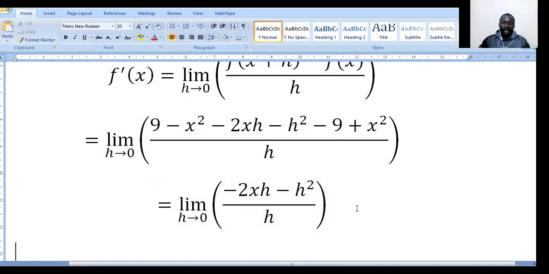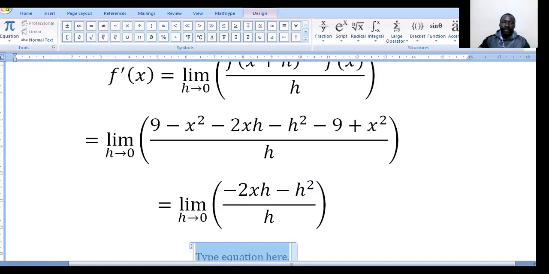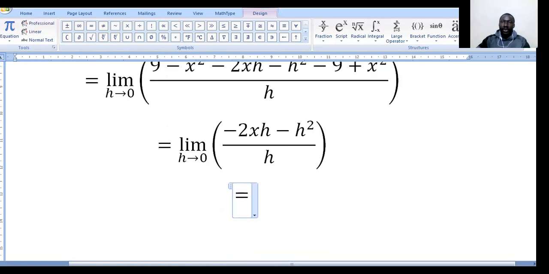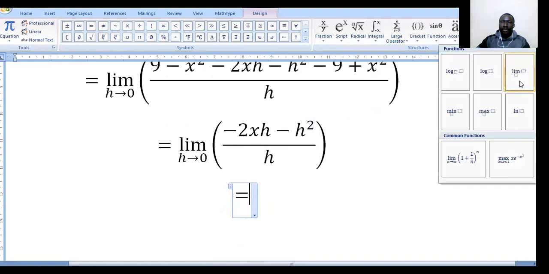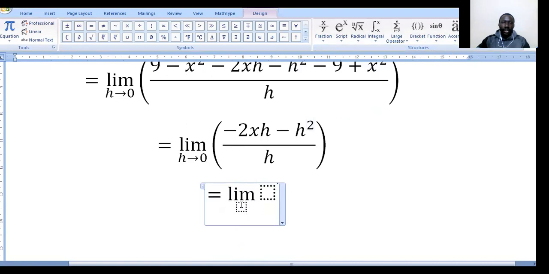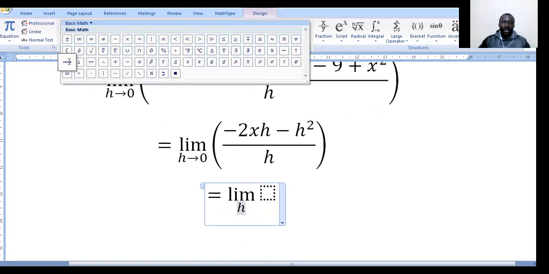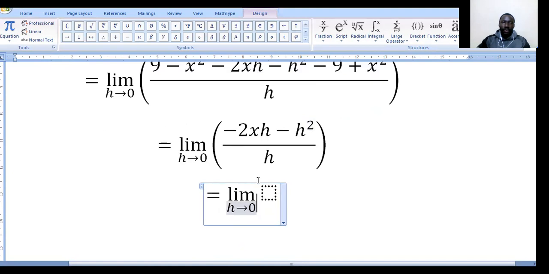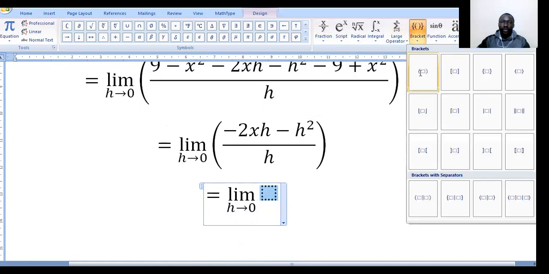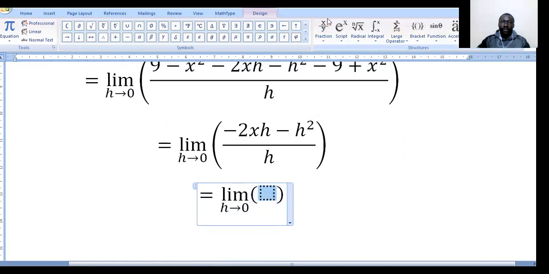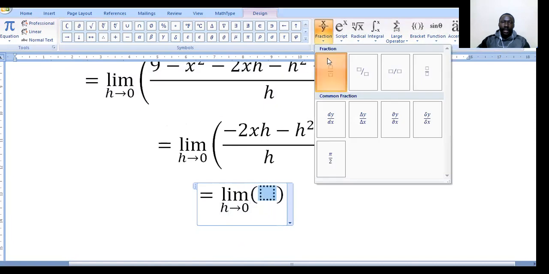So in this step, we say the limit as h tends to 0 of this expression right there.